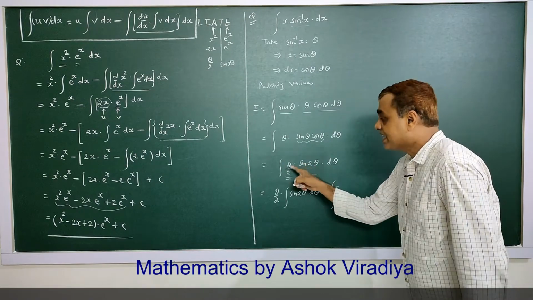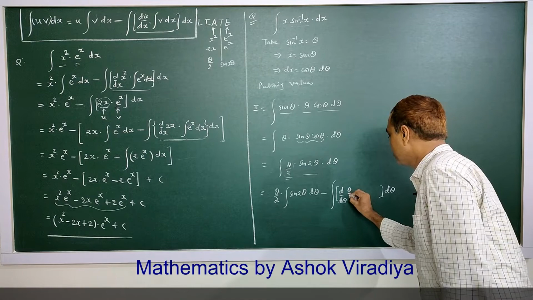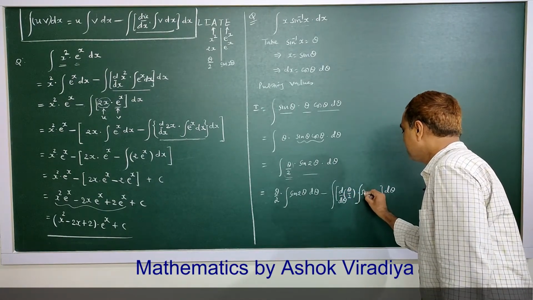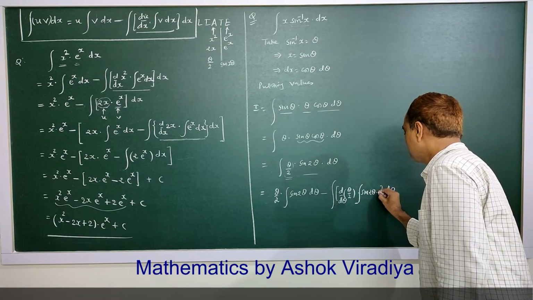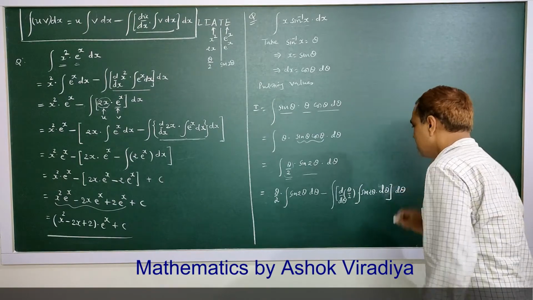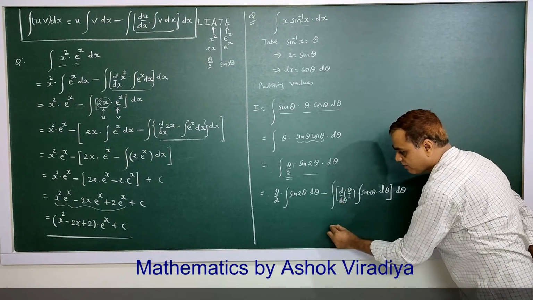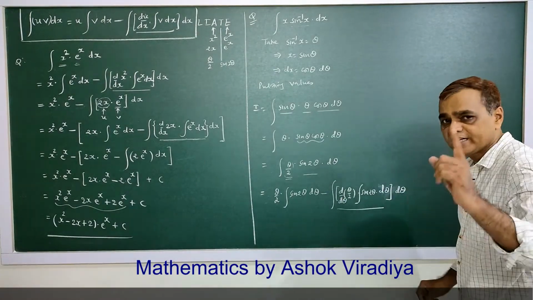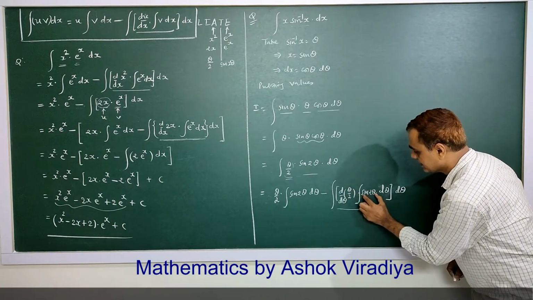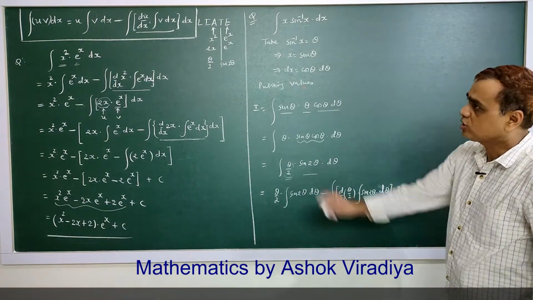In the box, derivative of u, derivative of theta by 2, and integral of v with respect to theta. So u as it is, integral of v, minus integral of box. In the box, derivative of u, integral of v with respect to theta. Everything with respect to theta. So this is the application of this rule.